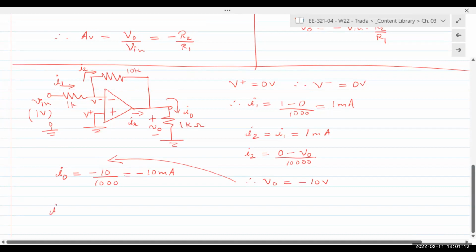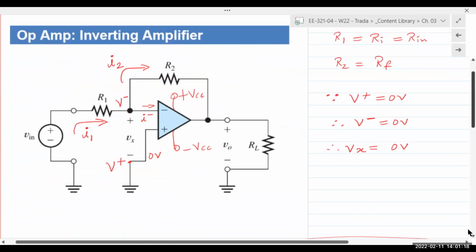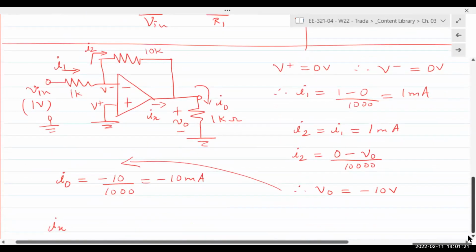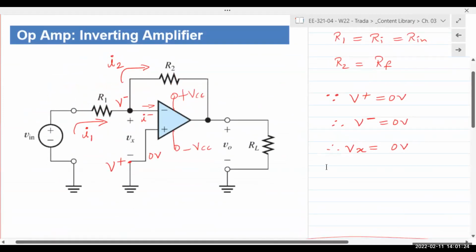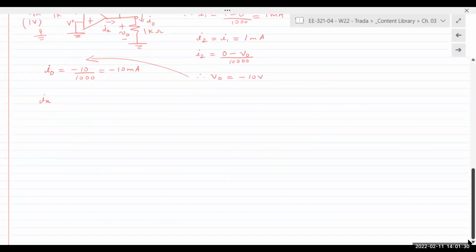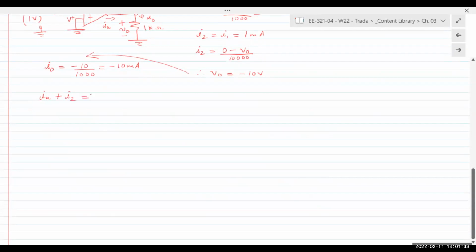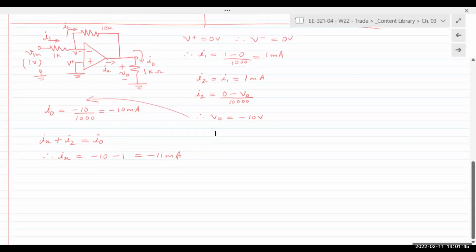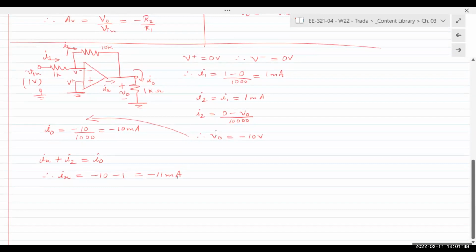And apply KCL, I can find IX. IX plus I2 is equal to IO. Therefore, IX is equal to minus 10 minus 1, minus 11 milliamps. And so IO and IX both have a negative value, seemingly going into the op-amp. Okay.